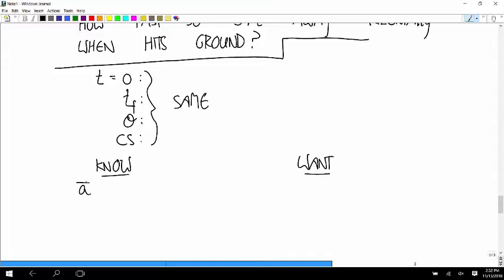The acceleration, we can always count on that acceleration vector, no matter how hard the problem is. The initial position is still the same. So PI is equal to 0, 4.